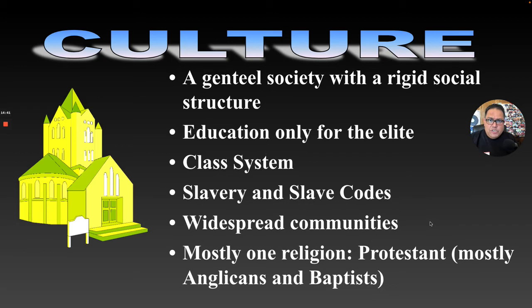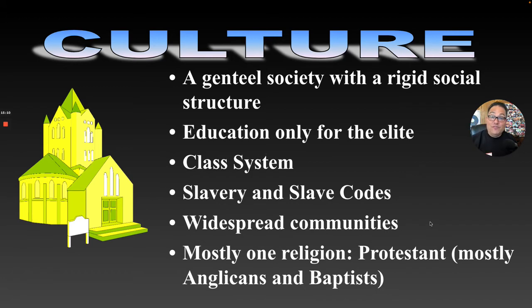And primarily just one religion, mostly Protestant. We've learned about the difference between Catholic and Protestant Christians already, and most of those Protestants are going to be Anglicans and Baptists. So really what you have culture-wise, we're going to teach this word here, is a homogeneous population. Homogeneous means really just one type of cultural system, really one main religious system.